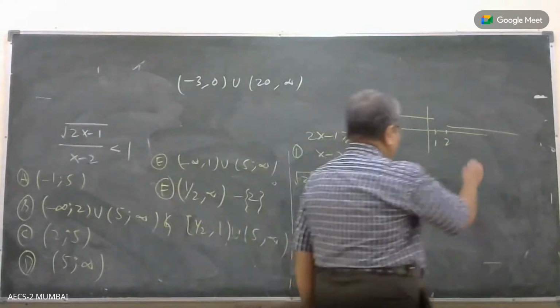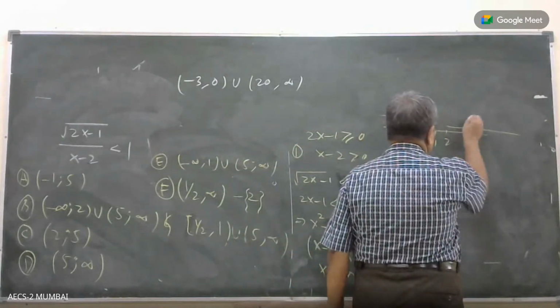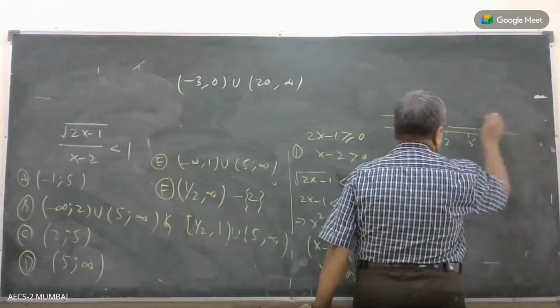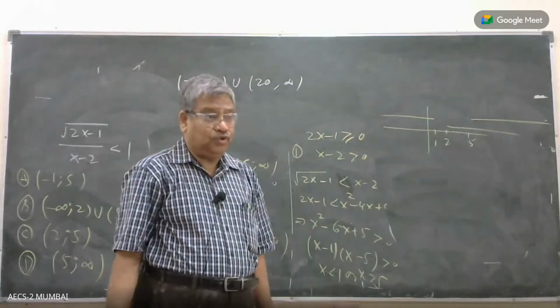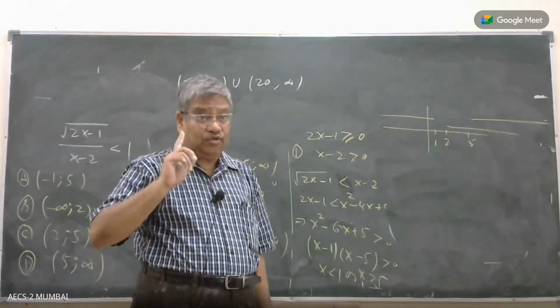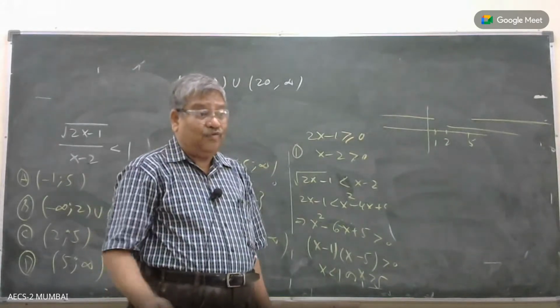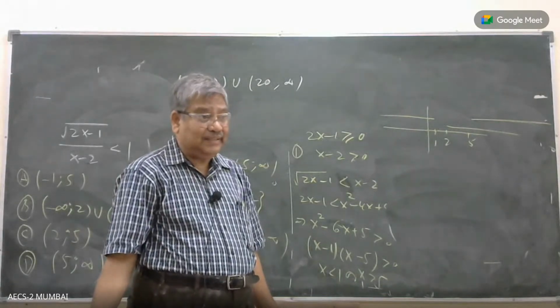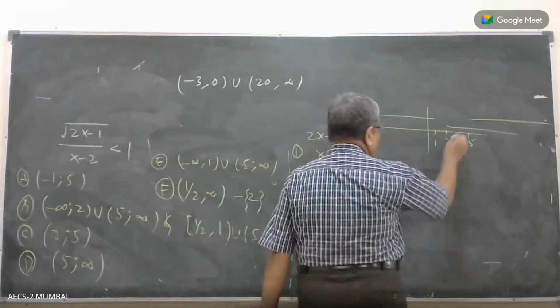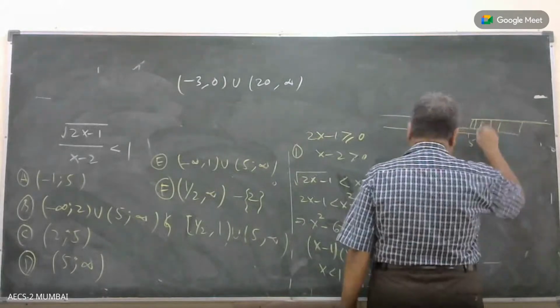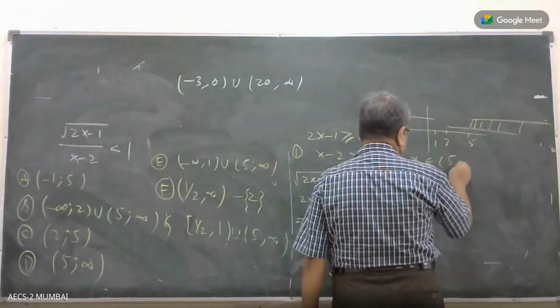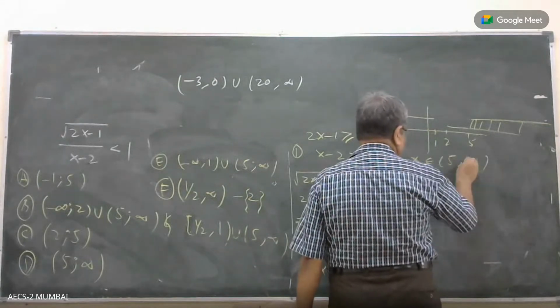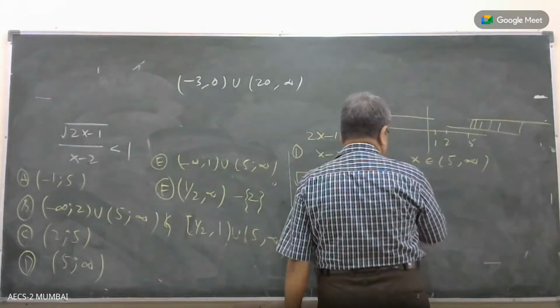So x is greater than 5. How many lines are there? There are no 3 lines, there are 2 lines. One single broken. So where is the overlap of 2 lines? 5. Is correct. So 5 to infinity. Correct? Now second case.